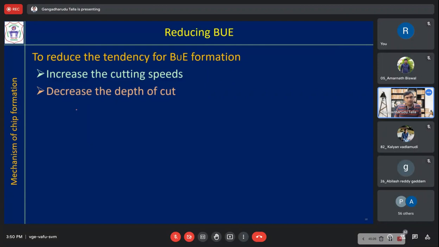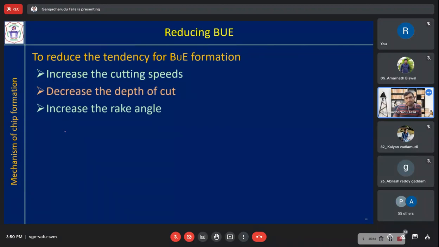Decrease depth of cut. If you are decreasing depth of cut, you are removing a very small amount of material and you can easily remove it without much friction between the tool and the workpiece.